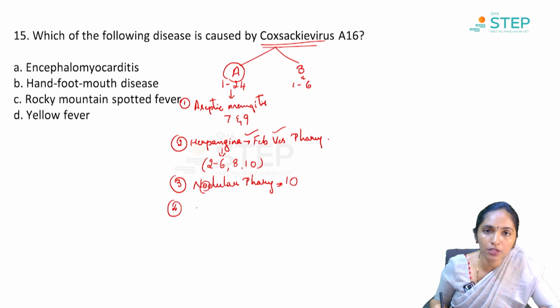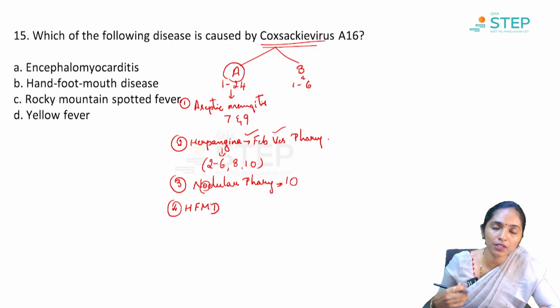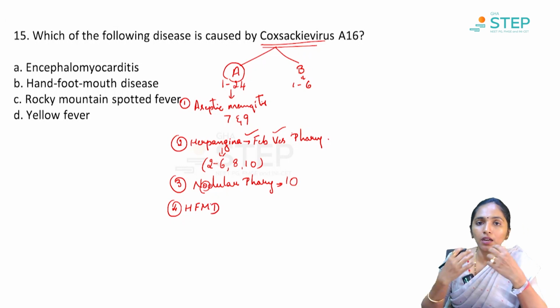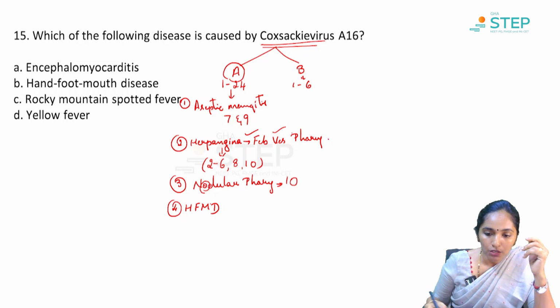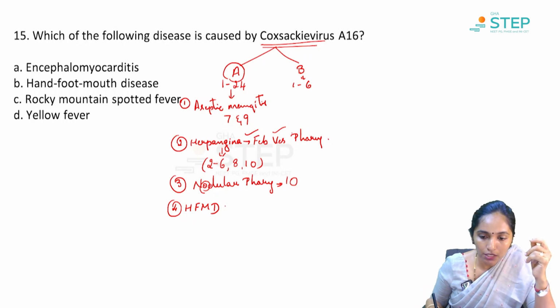And the fourth one, which is one of the commonest, is hand, foot, mouth disease, where there will be vesicular lesions in the oral cavity, also on the soles and palms. It is mainly caused by Coxsackie A16, and along with that in combination with enterovirus 71.